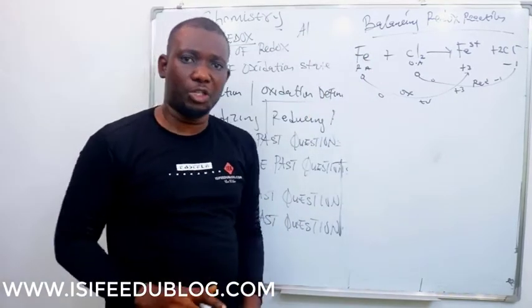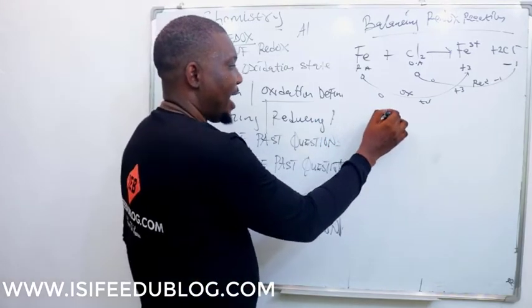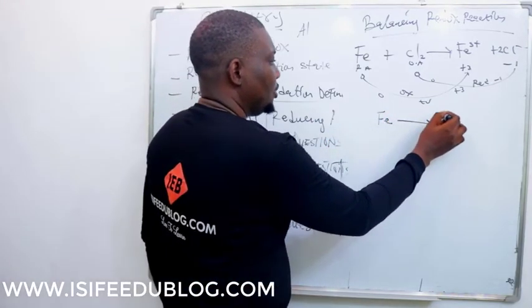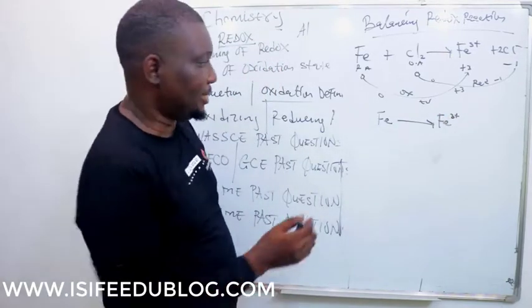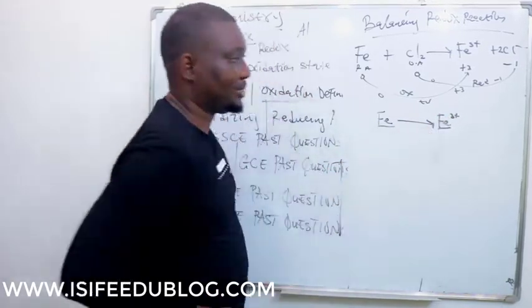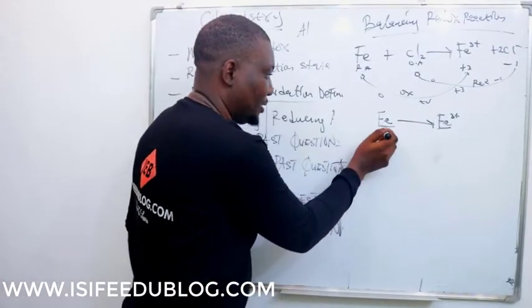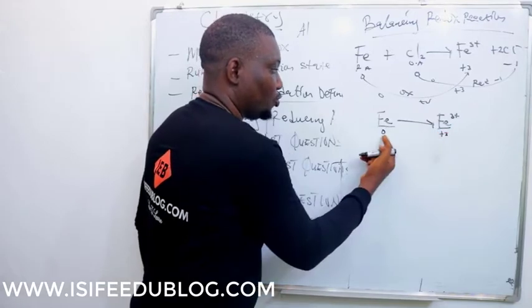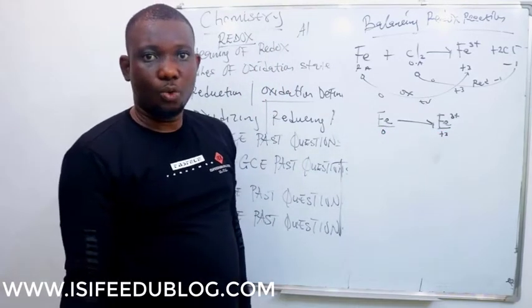I will split this equation into 2 half cells. Starting from oxidation, you have Fe going into Fe 3 plus. Atomically, iron is balanced. Ionically, it is not balanced. What do I mean by that? Since here is 0, here is plus 3, both sides must be equally charged. What do we do?